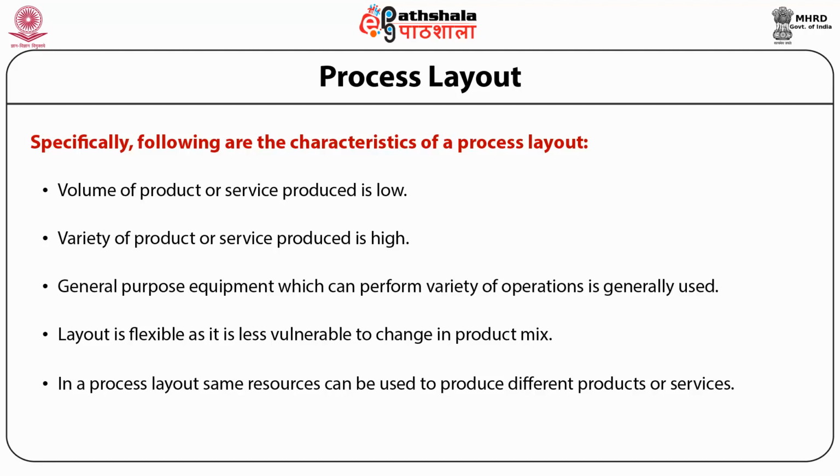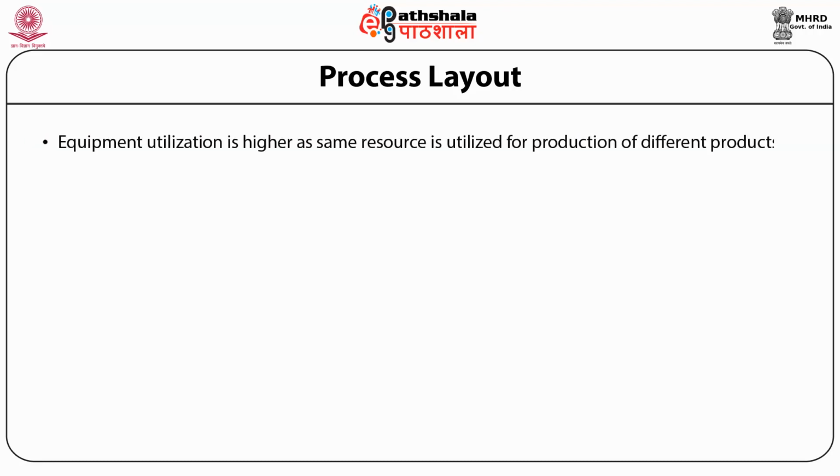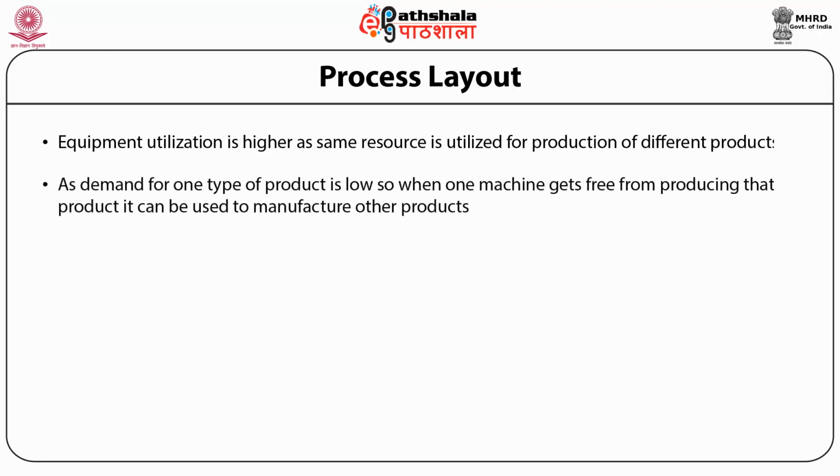The layout is flexible as it is less vulnerable to change in product mix. In a process layout, the same resources can be used to produce different products or services. For example, in a retail store, the grocery department can be replaced by any other department without hindering the activities of other departments.